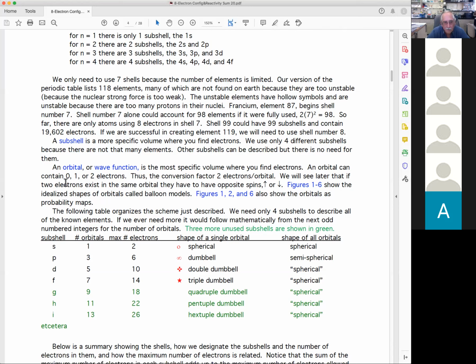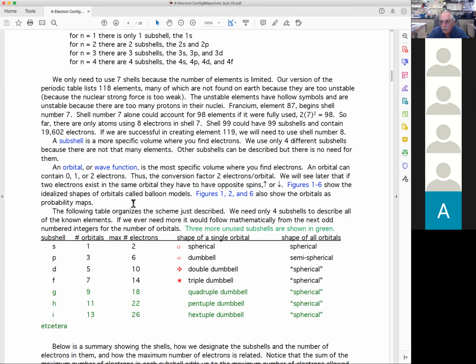And an orbital can be completely empty. It can have either 1 electron or it can have 2 electrons, and that's it, and it's full. So the figures that we saw earlier are pictures of the orbitals or wave functions. They were the solutions to the Schrödinger equations.